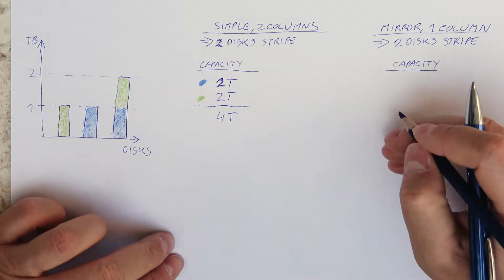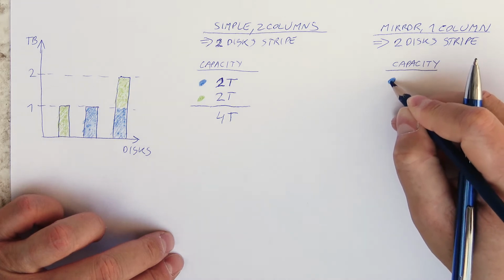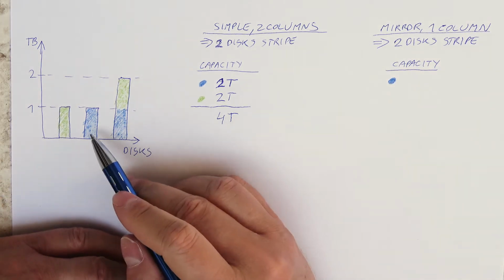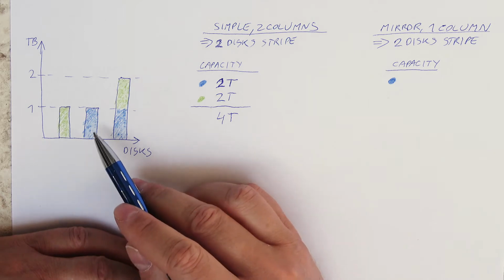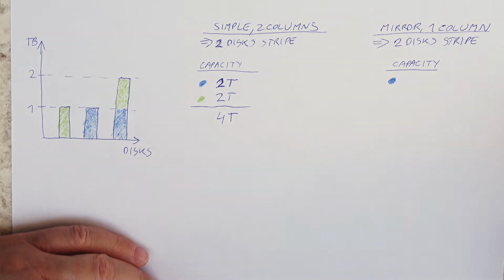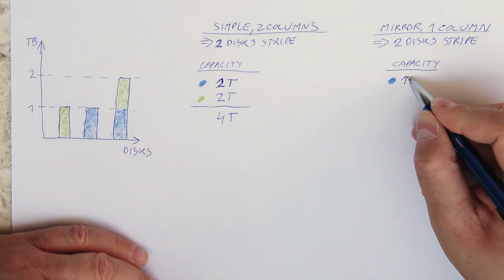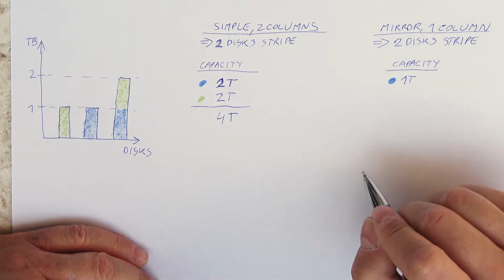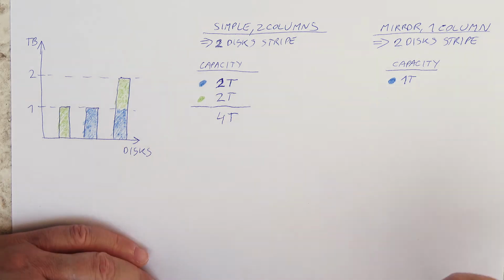So the capacity of the blue stripe, I mean raw capacity, is 2 terabytes, but we have half capacity in mirroring, and that's why we get 1 terabyte of space, which is redundant, written on 2 places.